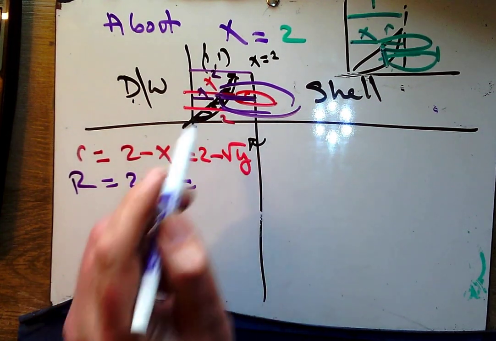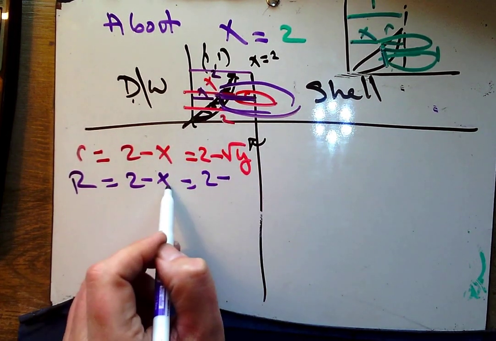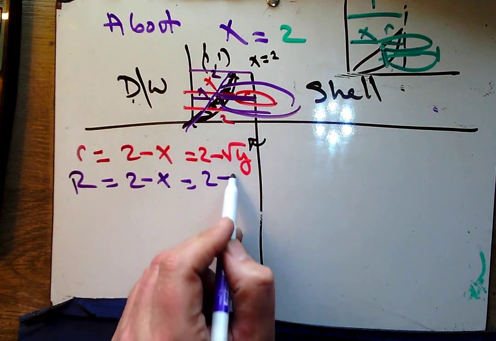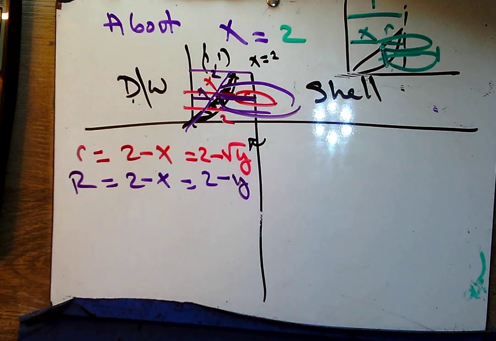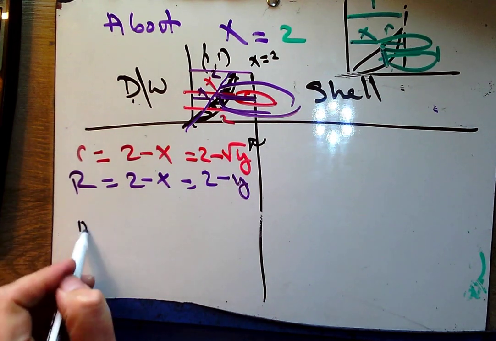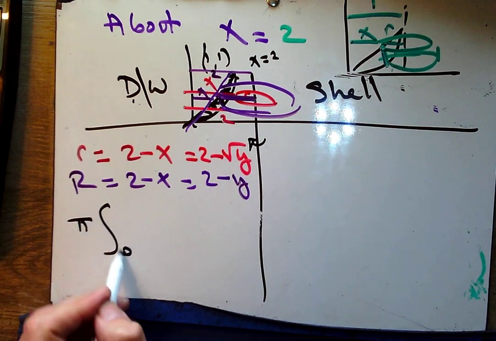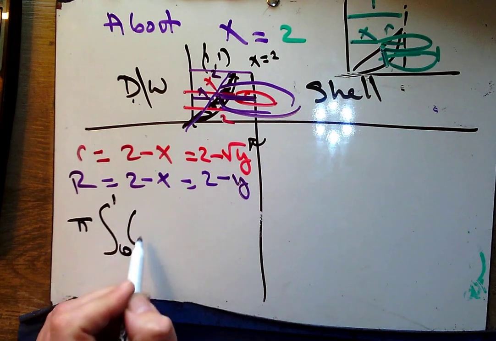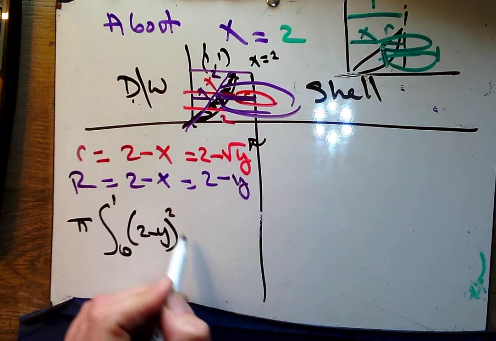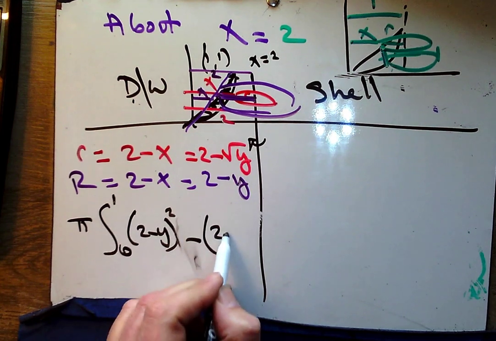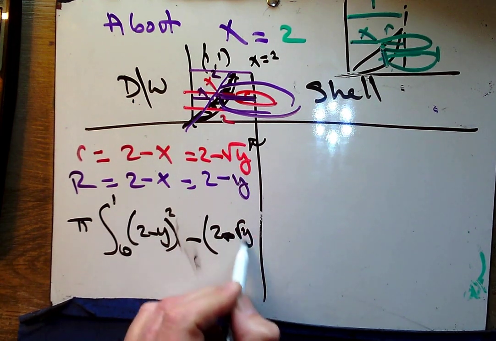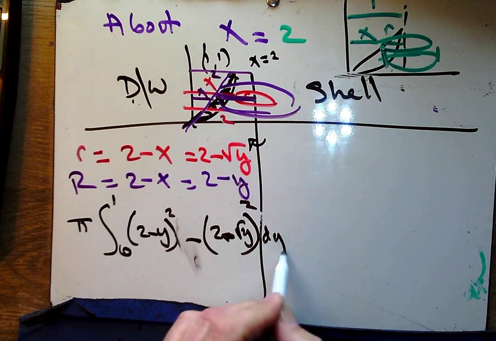But in this situation, that x value goes to the linear equation. So we have 2 minus y. So we end up then with pi, 0 to 1, (2 minus y) squared minus (2 minus root y) squared dy.